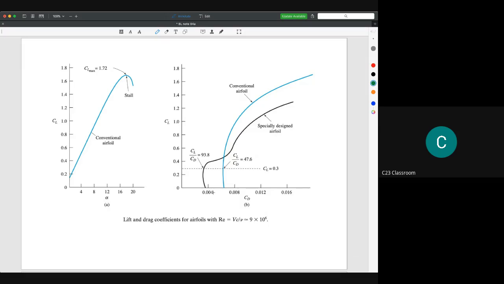But for the airfoil, when we increase the speed, the lift force, which is influenced by the angle of attack, will increase, but after a certain angle, around this one, the lift force will be totally lost. It will drop immediately. It's called a stall.